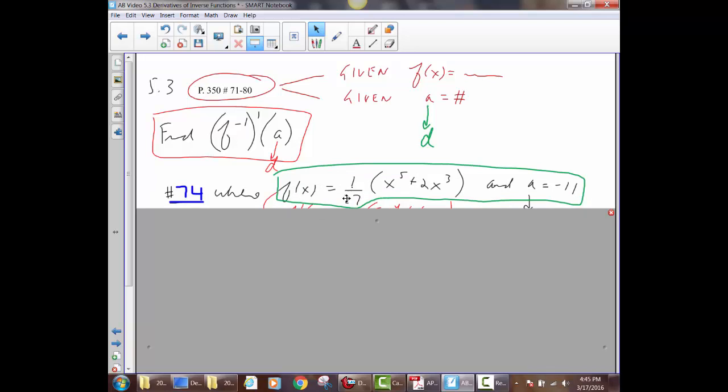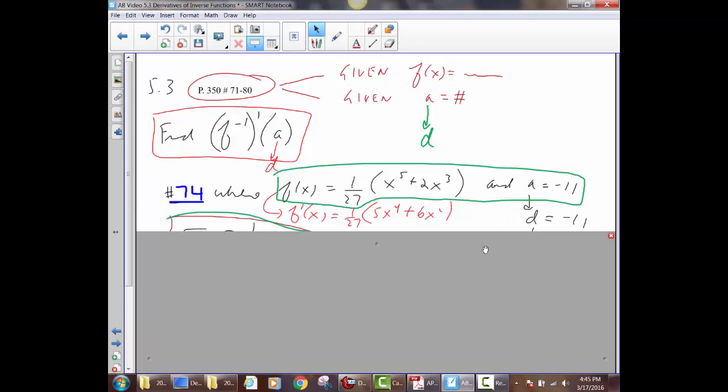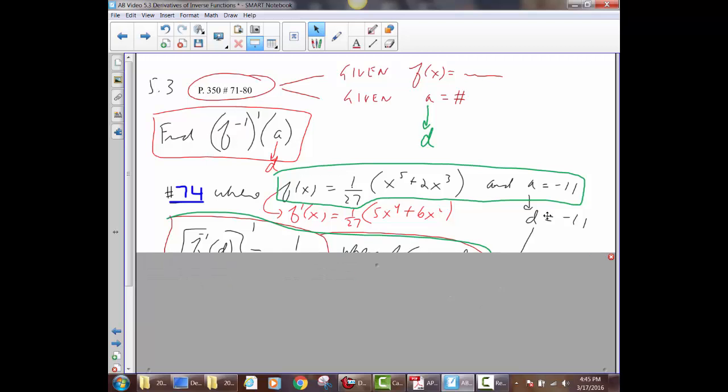f of x equals 1/27 times x to the fifth plus 2x cubed, and d, which they call a, is negative 11. So the question is, find the derivative of the inverse function of this guy, not the derivative, but the inverse function of this guy. Find the derivative of the inverse at d equals negative 11.